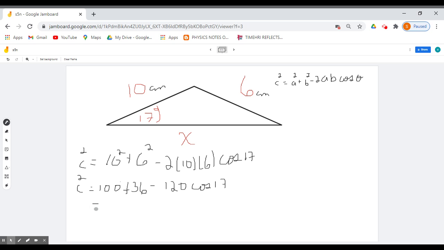So we're going to have 136 minus 120, and the cosine of 17, if you take your calculator, it's going to give you 0.95. So once I reduce this, I'm going to get 21.